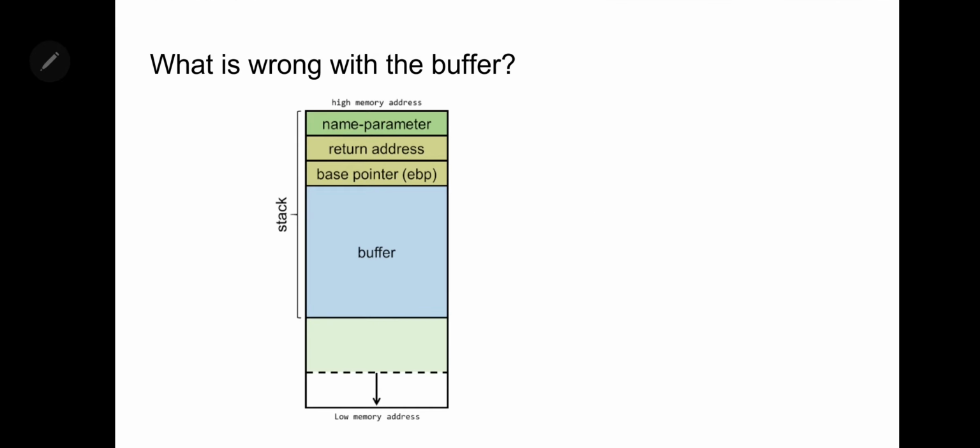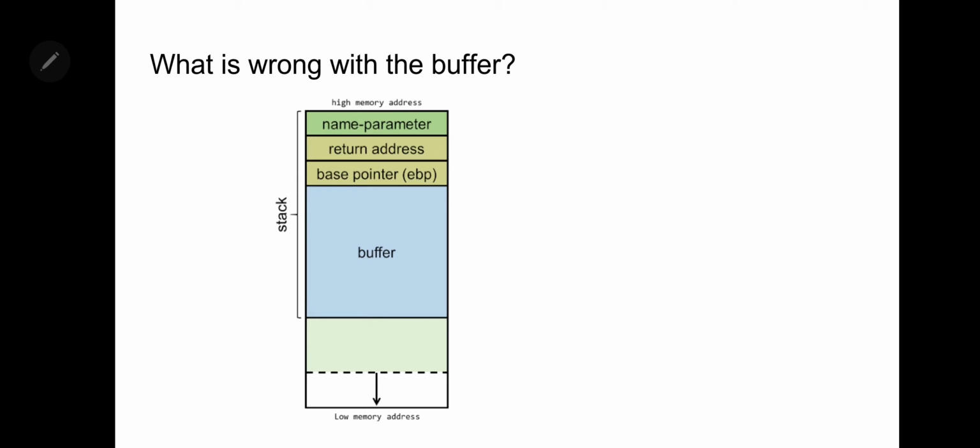Okay, so what is wrong with the buffer? In the previous video we have seen how the program works, right? In this video, we are going to take the stack and heap that we understood in the previous video to the next level, where we understand buffer overflow exploitation.